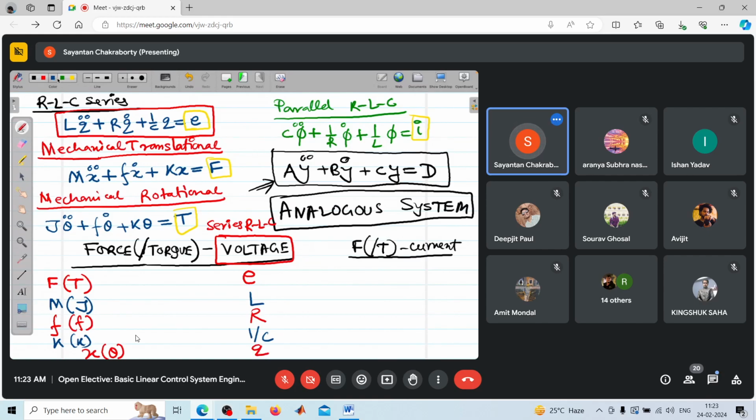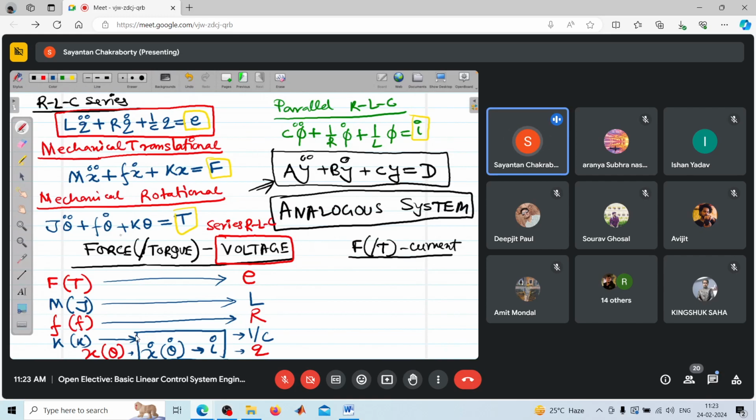Similarly, I annotate over here, x dot or theta dot will be represented by current. So: force, voltage; mass, inductor; viscous friction, resistance; spring, 1 by C; displacement, the charge stored in the capacitor; and velocity, the current.